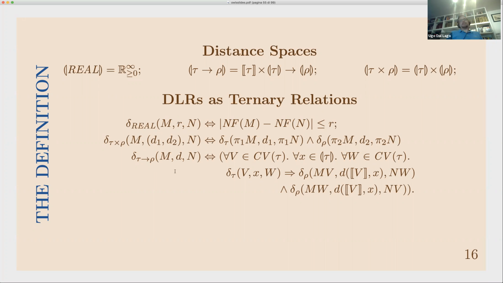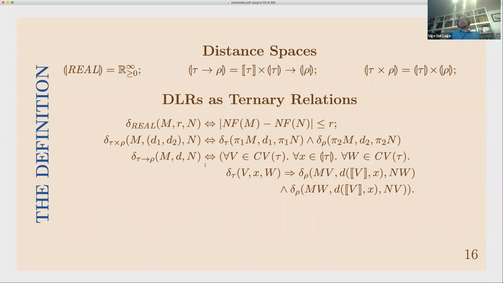And of course, the most interesting clause is the one about arrows. So two terms m and n of arrow type are at a distance t, which, remember, is a function having this shape.